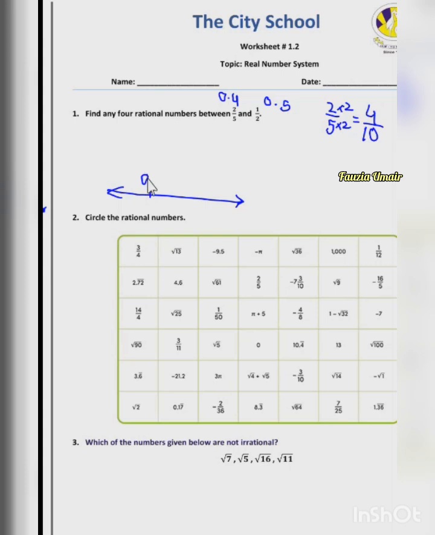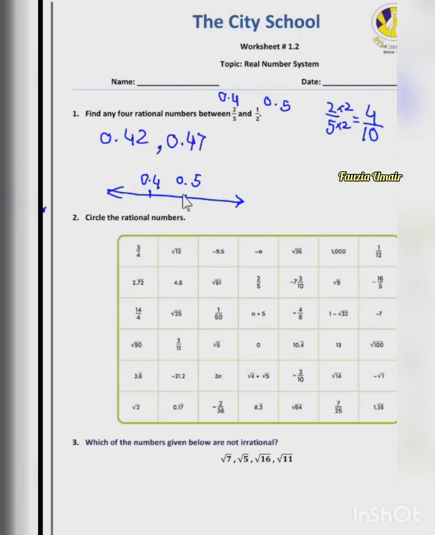So if this is 0.4 and this is 0.5, apparently these two numbers are only 0.1 apart from each other. But if we go into the smaller decimal value, there are infinite numbers between them. So we can write down 0.42 as Meyer suggested, or as Kashaf said, 0.47.